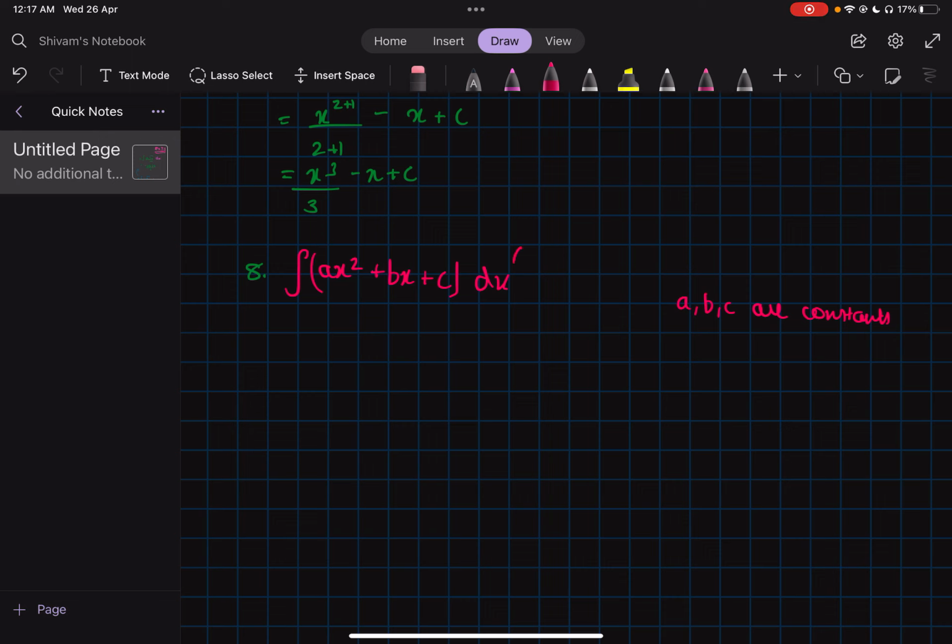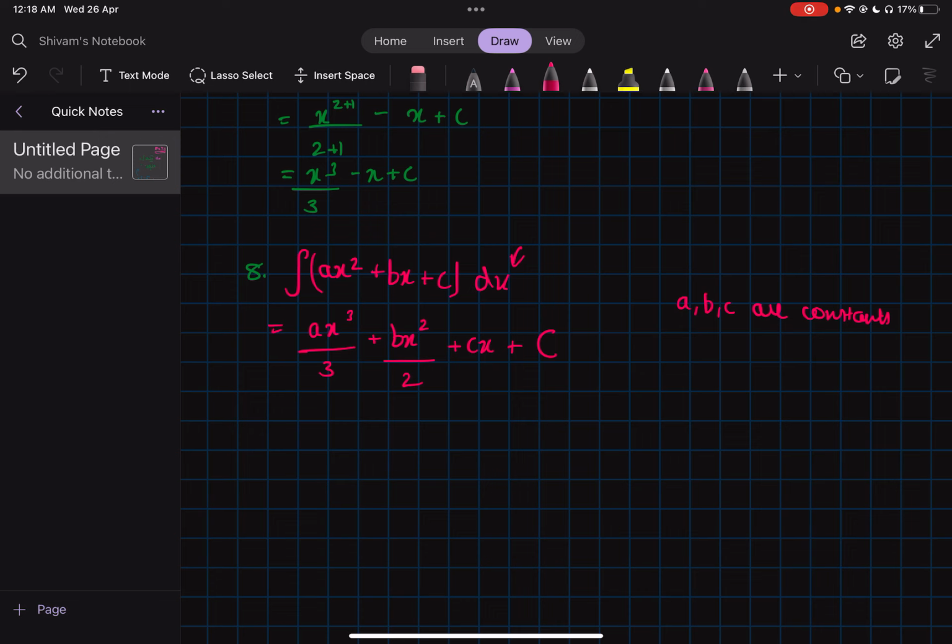And we're integrating with respect to x. So the power rule again: for ax squared, we're gonna get ax cubed and then divide by the new power; for bx, raise the power by 1 and divide by the new power; and for c, raise the power by 1 and divide by the new power, which is just 1, so I'm not gonna write it, and a capital C for the constant of integration. That's about it.